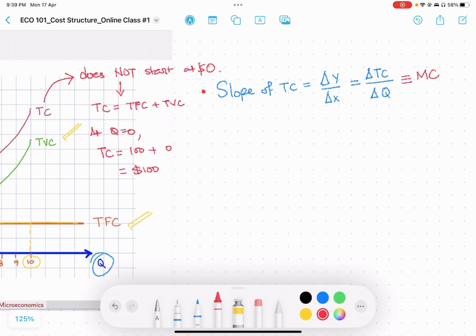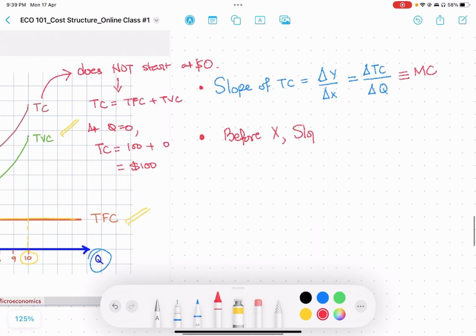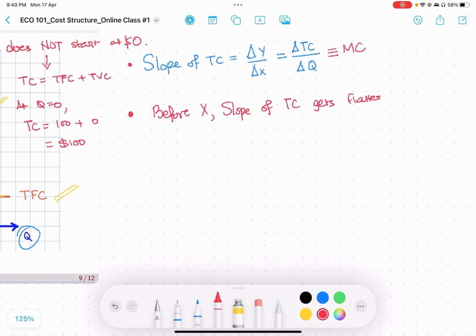That's point number one. Now, as I mentioned about the slope, we saw that initially, before X, the slope of the total cost curve gets flatter, right? It is going from being very steep to being quite flat. Well, if it gets flatter, that means the slope is falling in value.